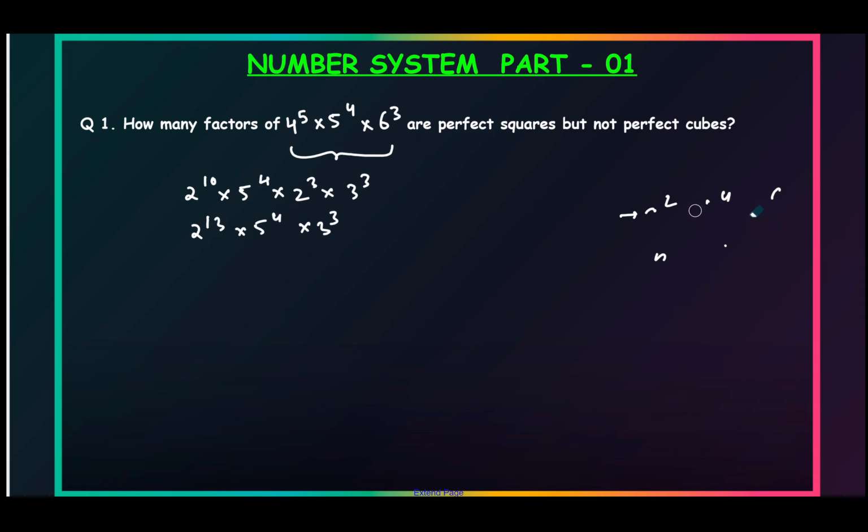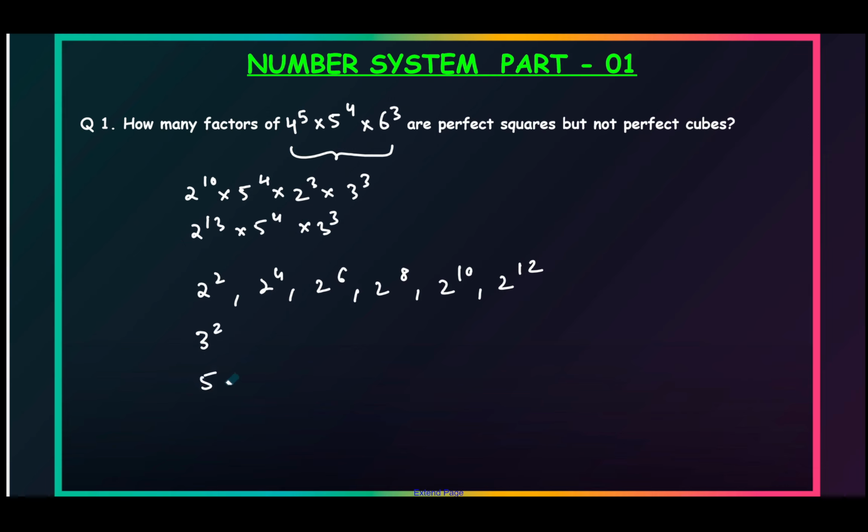Alright, looking at this prime factorization, we can write some individual numbers which are perfect squares and factors of this number, such as 2 to the power 2, which will be a perfect square factor. Same for 4, 6, 8, 10, and 12. For 3 it will be 3 to the power 2.